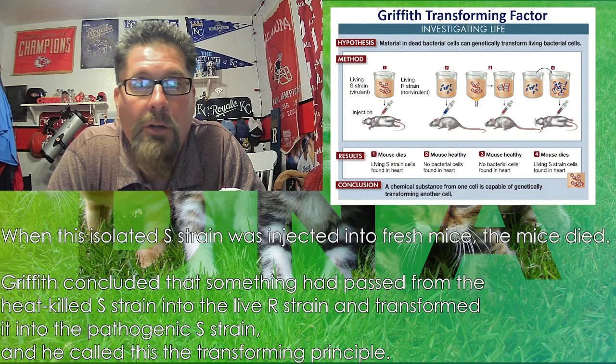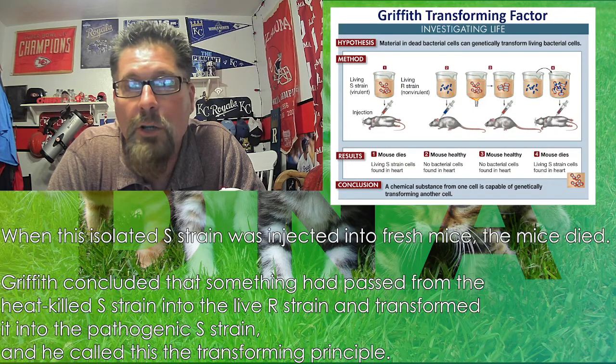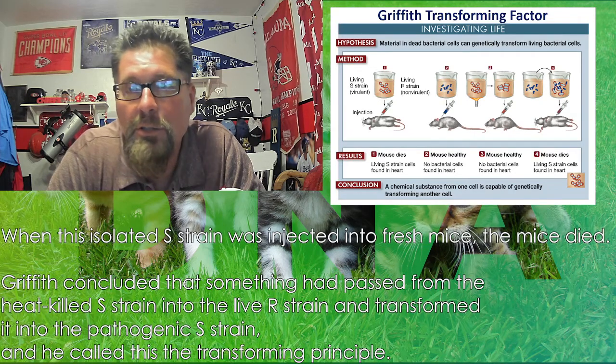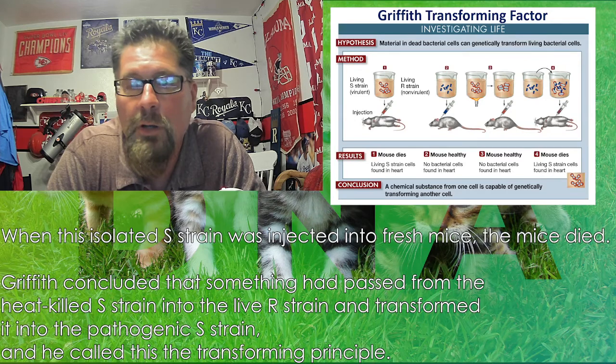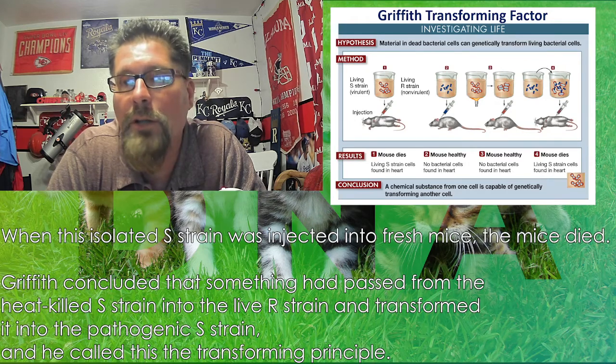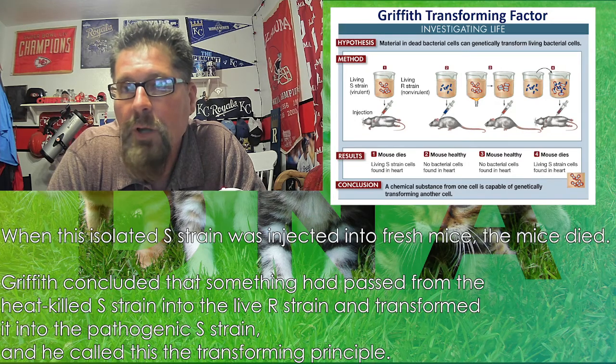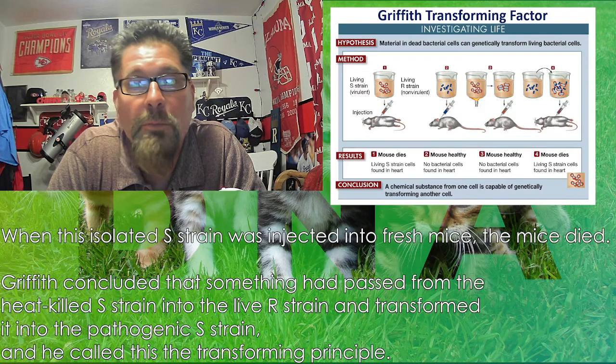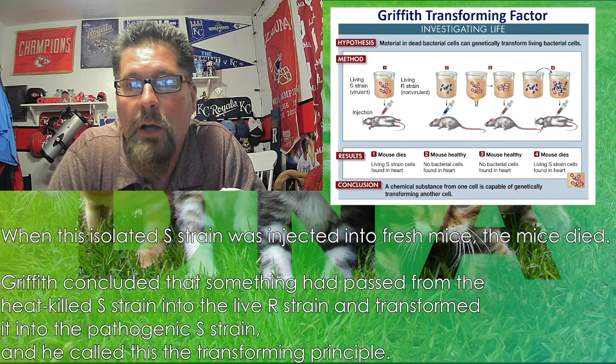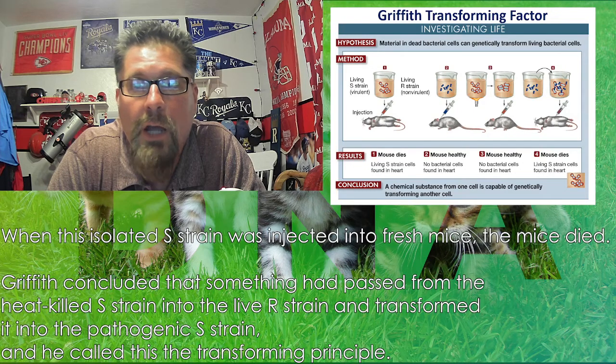And you think about that, he looked at the pneumonia disease could be transferred, I don't want to give away what yet, but many things could be transferred in this way. It could be DNA.